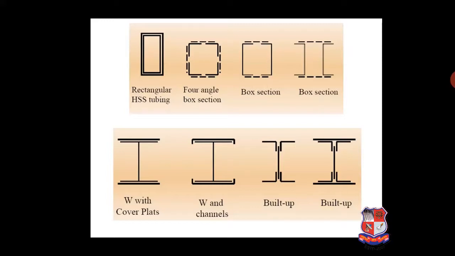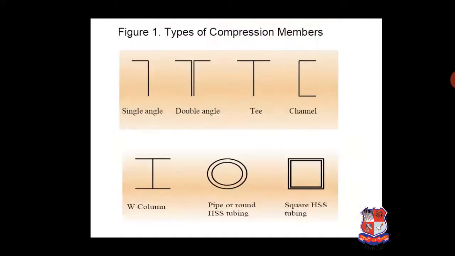So what should be the difference in shape? Single angle sections are used as a compression member in lightly loaded truss or tower. There are another two types of single angle: equal angle and unequal angle.